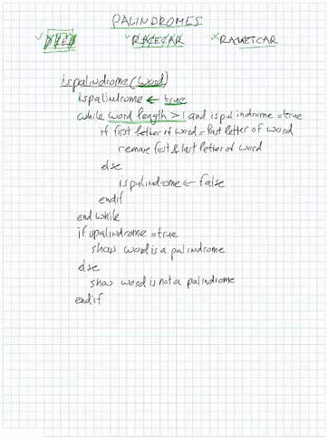So as soon as we have one letter or 0 letters, our while loop must stop. And our second requirement is that we keep looping as long as we think that our word is a palindrome. So that's the part here, is palindrome is true.